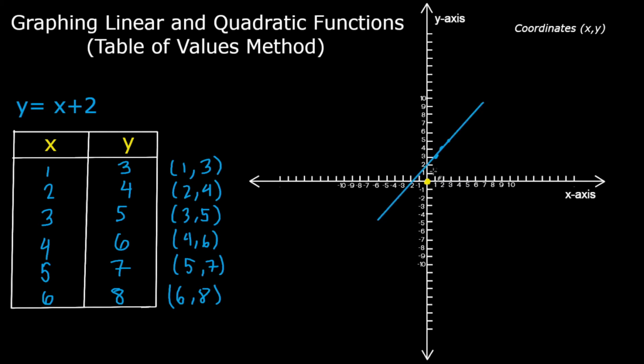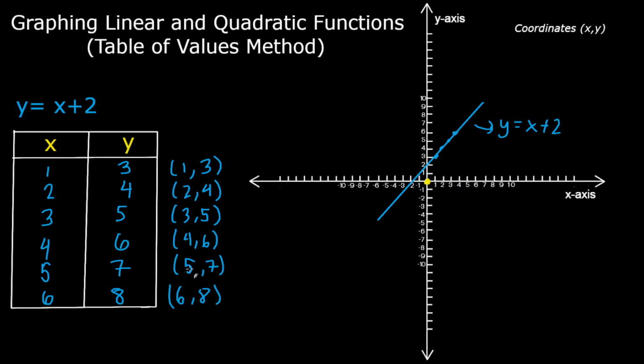Okay. So, actually, ito na yung graph ng y is equals to x plus 2. Ito na yung graph ng function na to. Pero, i-make sure natin na ito nga talaga yung graph niya. So, mag-plot pa tayo ng more points. So, 4 and 6. Okay, tama.